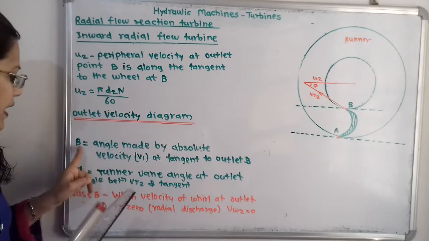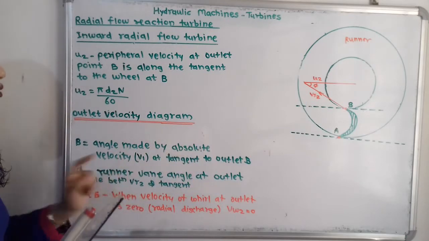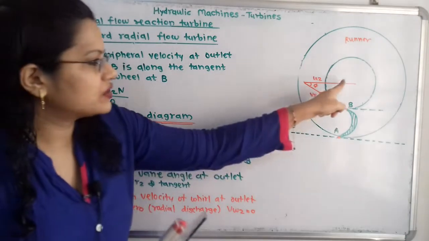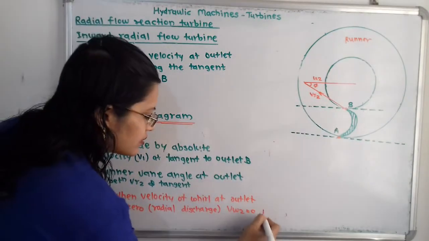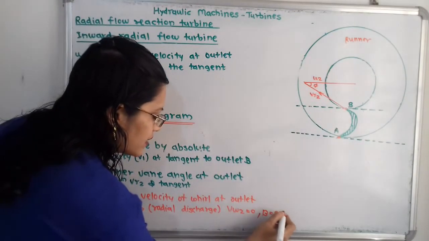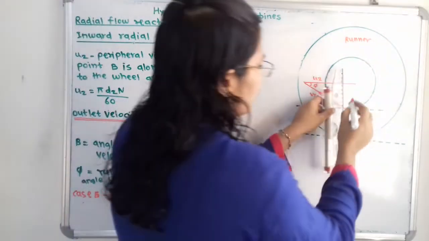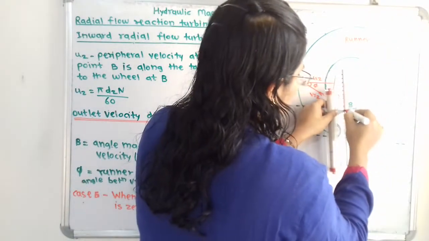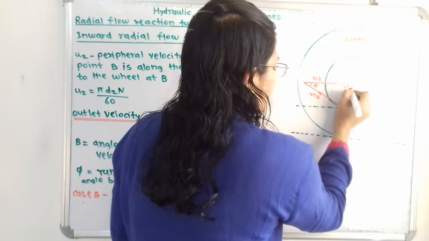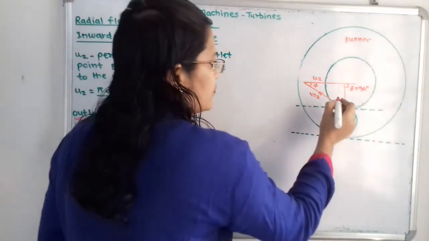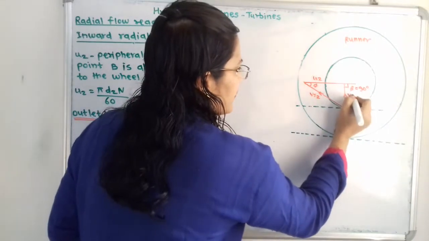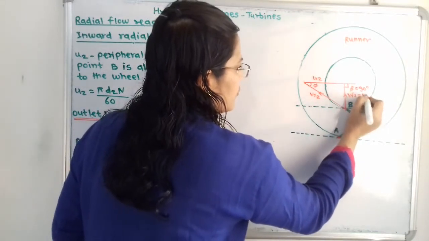The angle beta, made by the absolute velocity with the tangent, is 90 degrees. So for this condition beta is equal to 90 degrees. I will show one vertical line, and here is beta, equal to 90 degrees. This vertical line indicates Vf2, which is equal to V2.